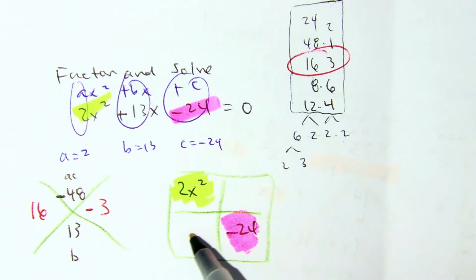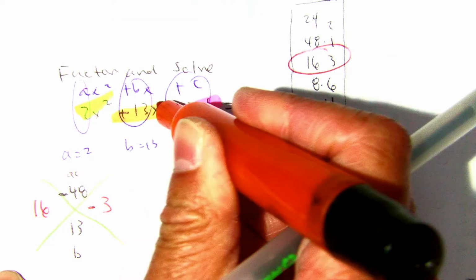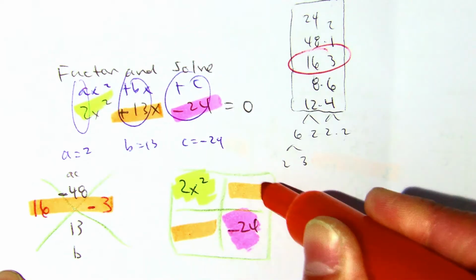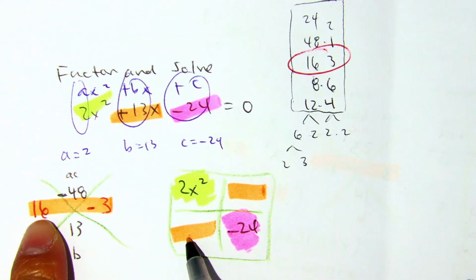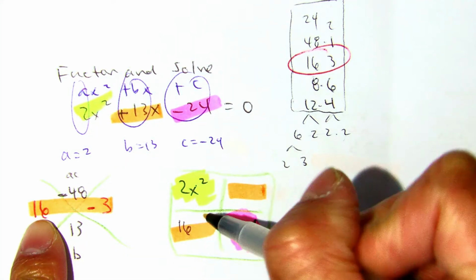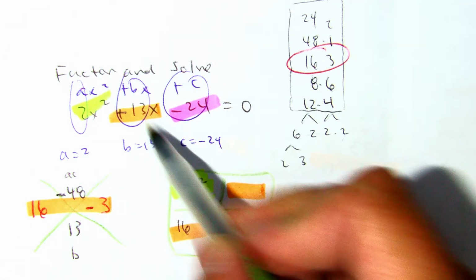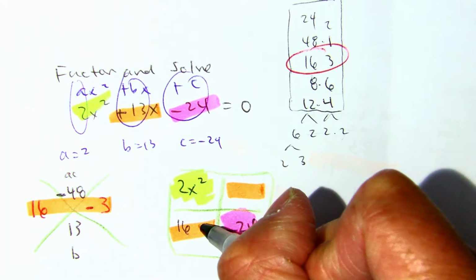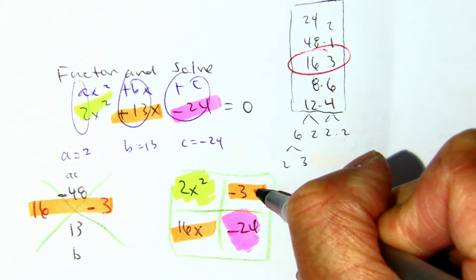Georgia, what goes in these two boxes? Good. That comes from here, right? George, tell me what to write here and here. And we need to add something. So when you add these two together equals 13x. Just an x. How about here? Negative 3x.